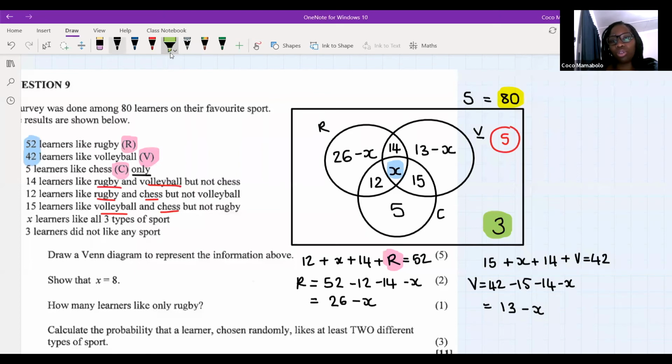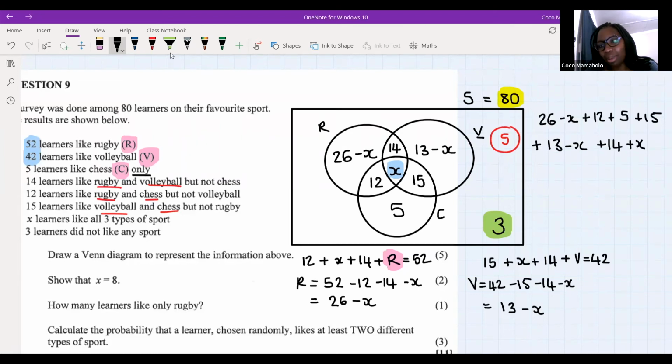So we're going to put 26 minus x plus 12 plus 5 plus 15 plus 13 minus x plus 14 plus the x in the middle plus the 3 on the outside. All of it must equal to 80.